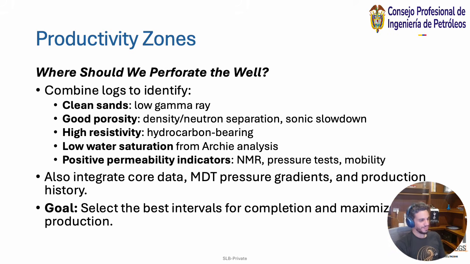So this brings us to the final journey of the wireline world, where we've acquired all this data, we've detailed our painting, we have all the information, and now we know where we should perforate the well. So perforate is just to put holes, in case you've never seen it. You have a well, right?